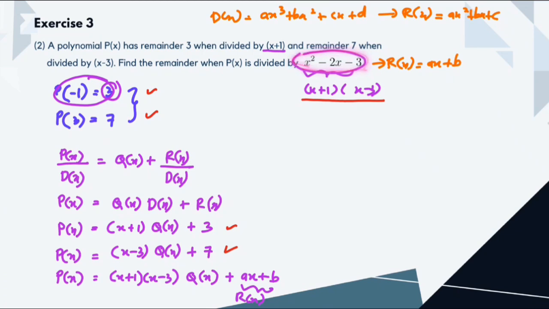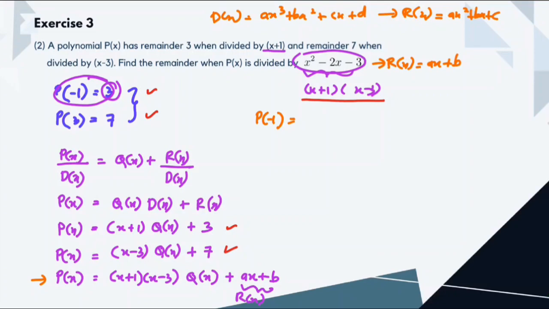Then we can substitute the values. Our aim is to get the remainder, which we know is linear. Let us substitute x = -1 into this polynomial function.